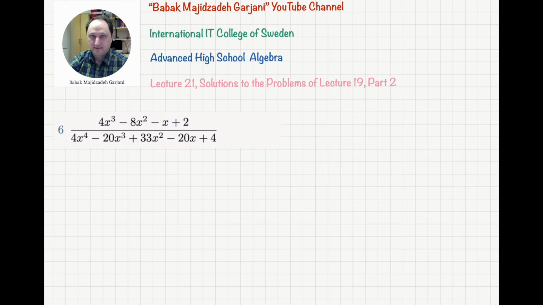Even though that's also possible here, it is very easy to see that if I take these two and then take a minus sign out from here, I will exactly have my common factor that I am looking for.